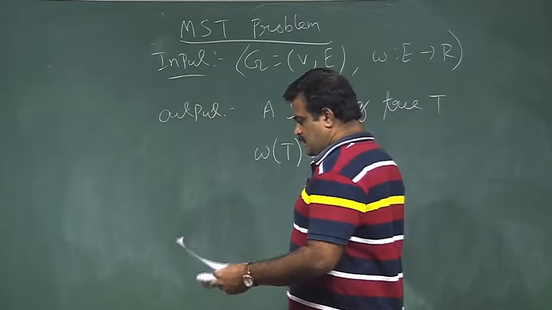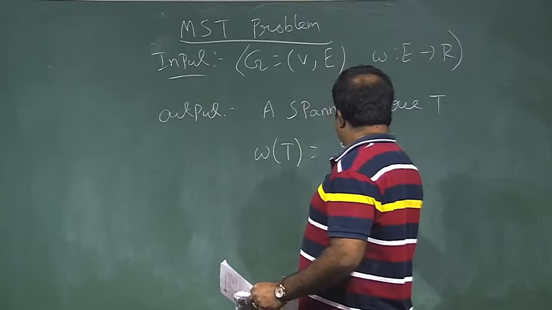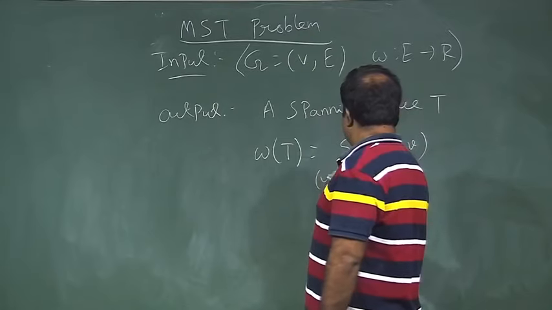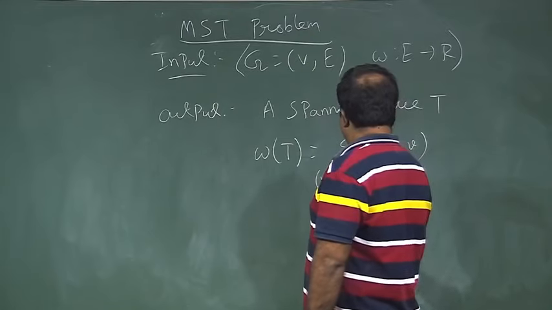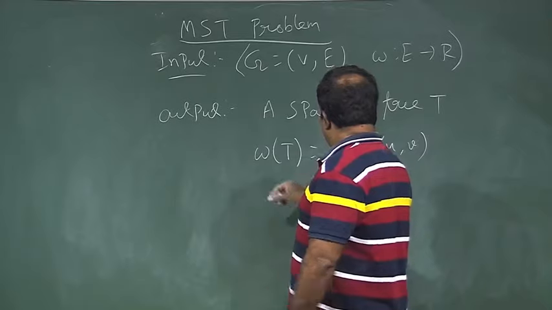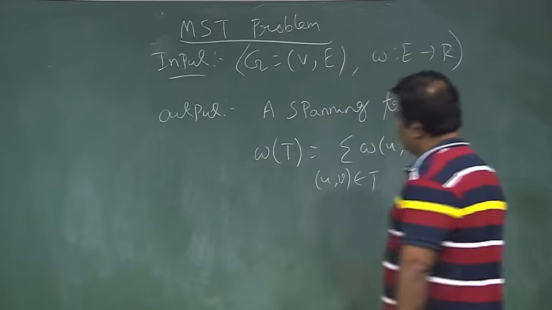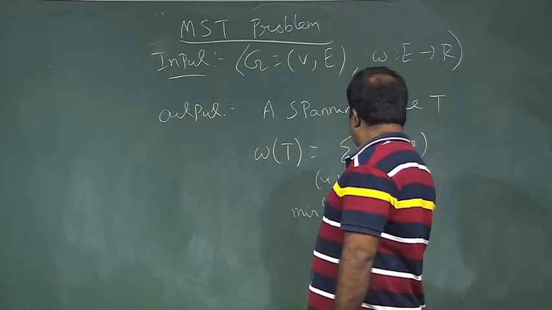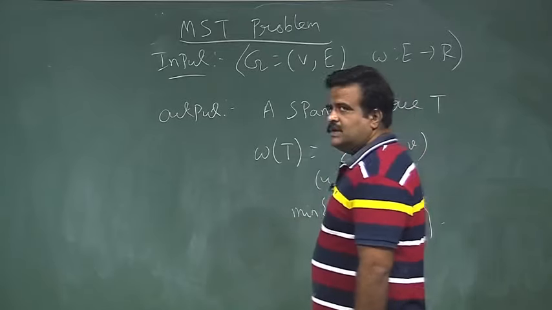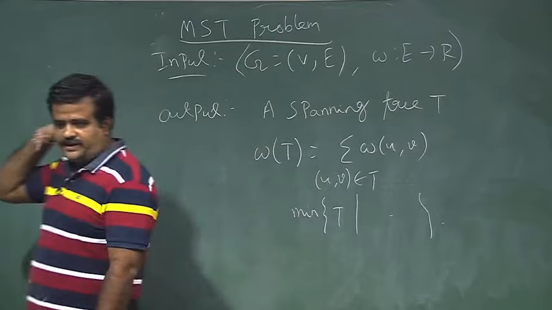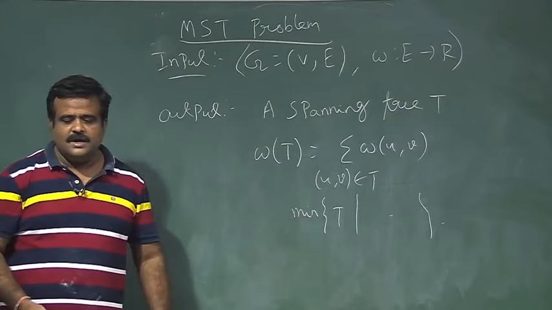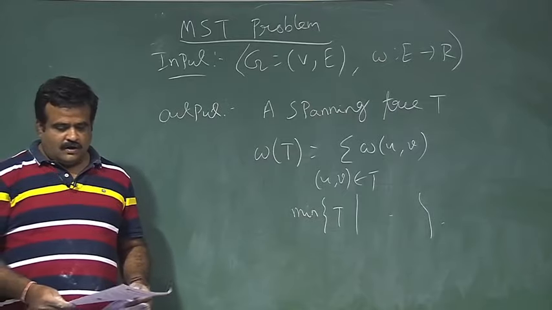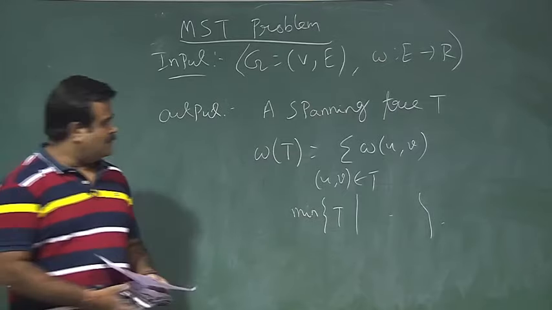W(T) is the summation of W, and this is the minimum among all such T. We consider all such spanning trees, and whichever gives us the minimum weight, that is the minimum spanning tree. Okay.